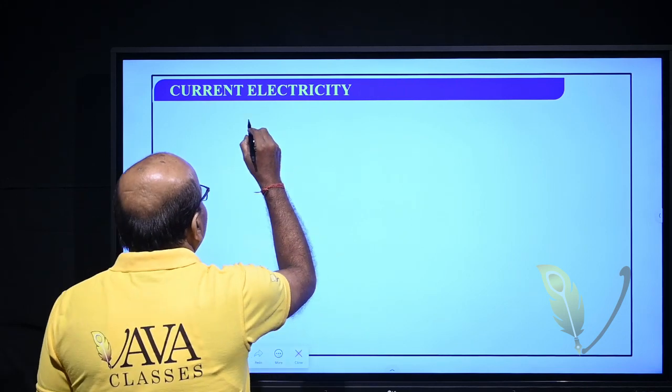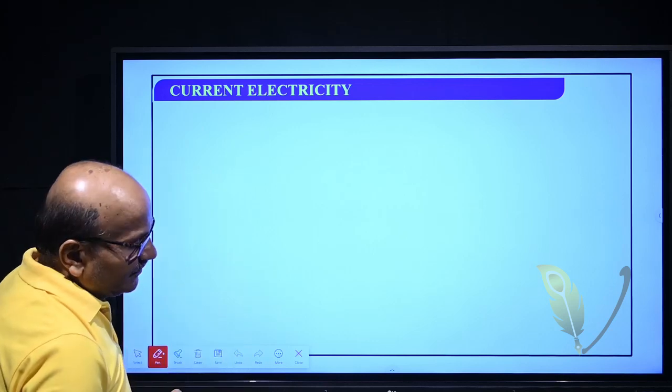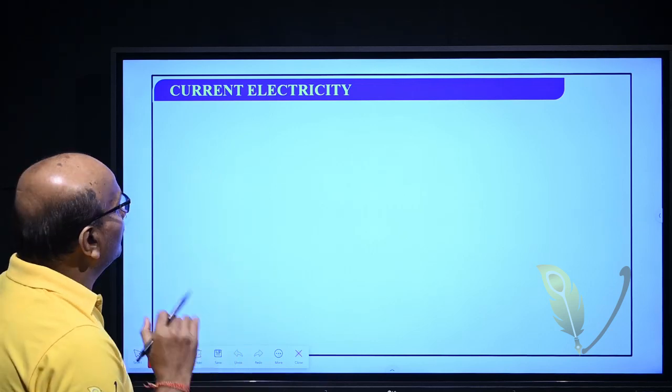So, we see that in the absence of an electric field, the electrons are in random motion.